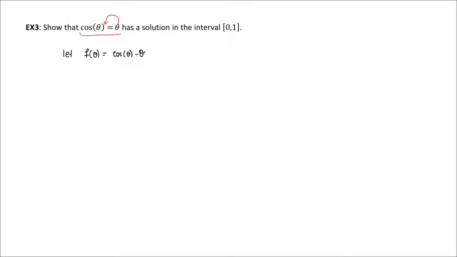How beautiful, because how is that helpful? Let's do it here on the side. Imagine that I can conclude that f of theta is equal to 0. What does that imply? That implies that cosine of theta minus theta is equal to 0, which means that cosine of theta is equal to theta.